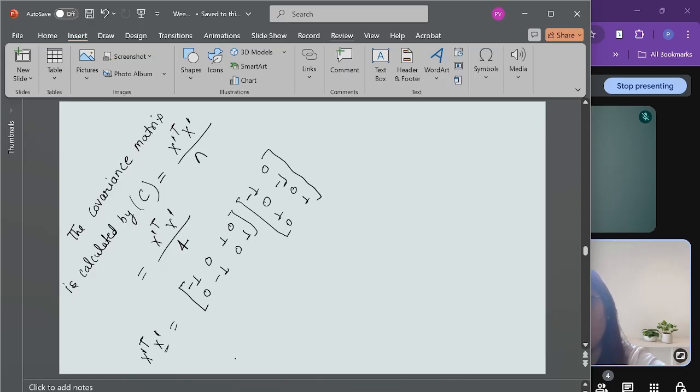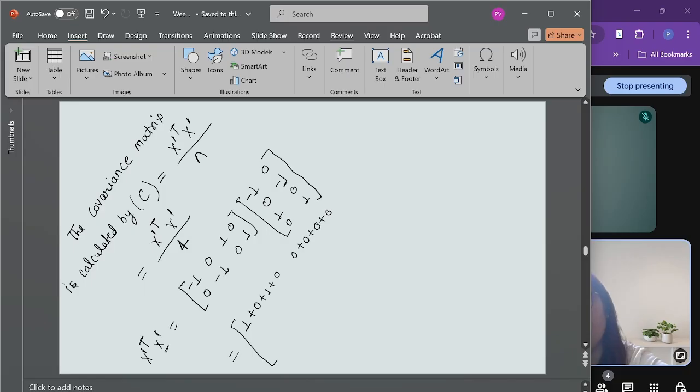So can you calculate these two matrices? We just multiply row into column, then again row into the second column, second row first column, second row second column, right? So here you will get 1 plus 0 plus 1 plus 0. Here you will get all zeros, because 1 into 0, 0 into 1, minus 1 into 0, 0 into 1.